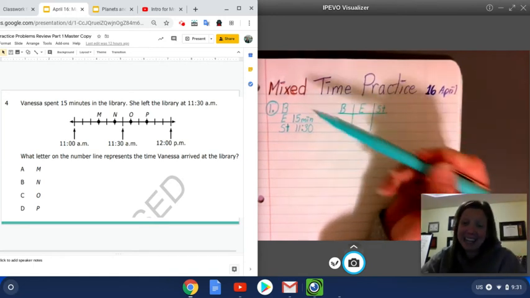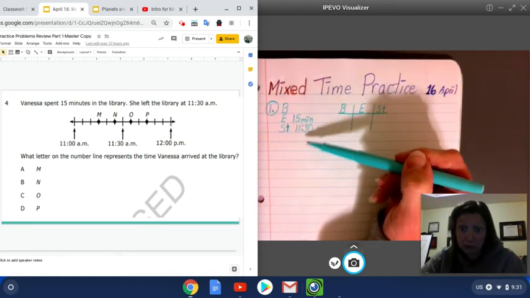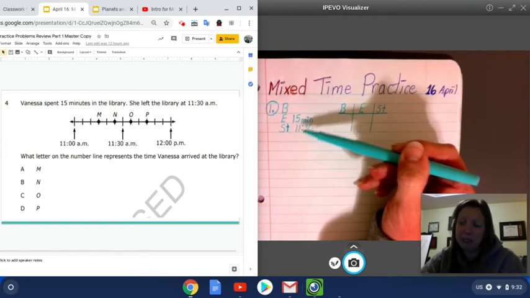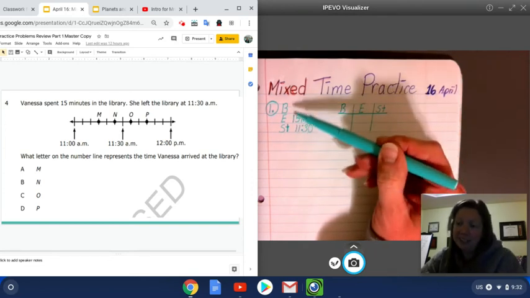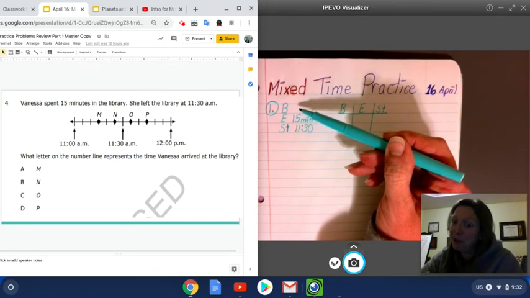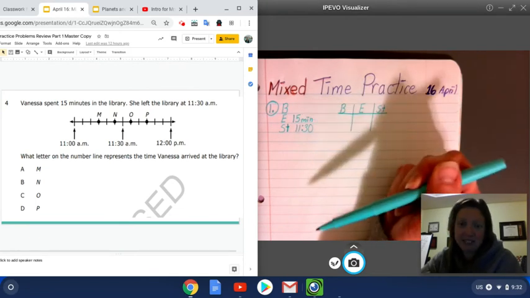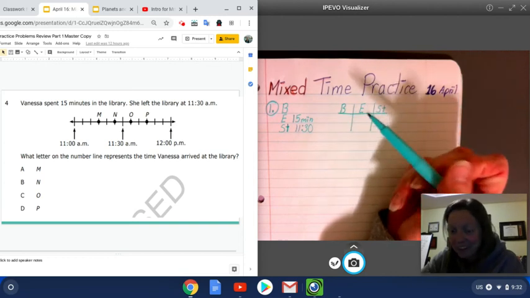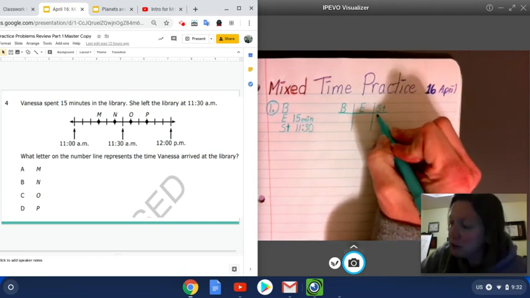Well, think about it. If I add it, I'd be going forward on a clock. That would make it 15 minutes after 11:30, which would be 11:45. Can she get to the library at 11:45, stay there 15 minutes, and then leave at 11:30? No. So we have to go backwards.